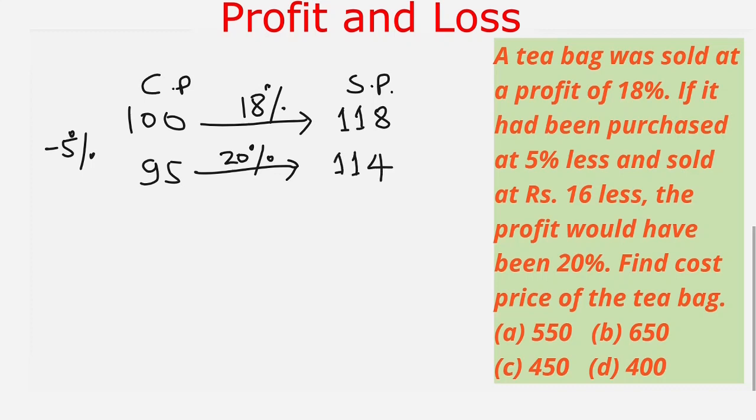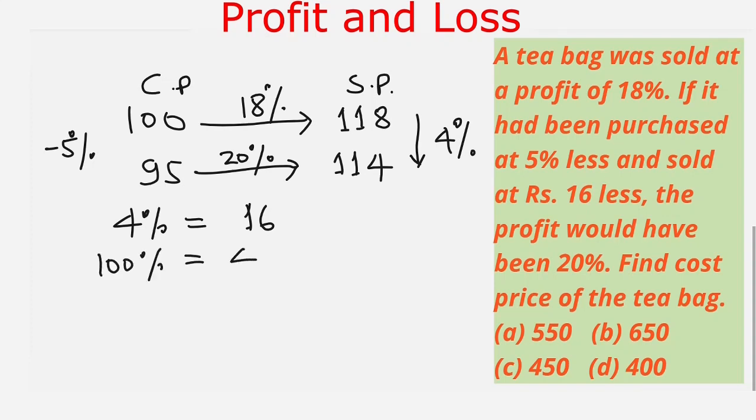How to calculate 20% on 95? 20% is 1/5. 1/5 of 95 is 19, and 19 plus 95 is 114. So this difference is 4%, and this 4% is equal to rupees 16, or 1% will be equal to 4. Therefore 100% is equal to 4 multiplied by 100, which is 400.